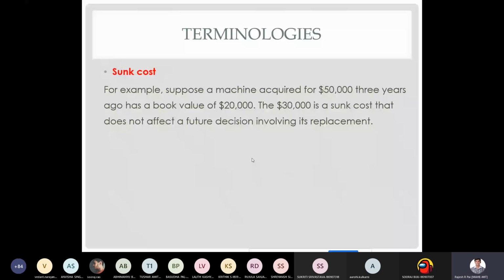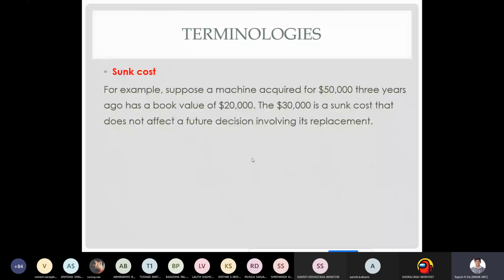So the remaining 30,000 which you have lost, which we call here a sunk cost, does not affect any future decision. So what they are trying to say is that the 30,000 which is lost, or the difference in value, will not be considered in our analysis. So it has already been lost and we have closed that account. We are not going to consider it again for our future account.